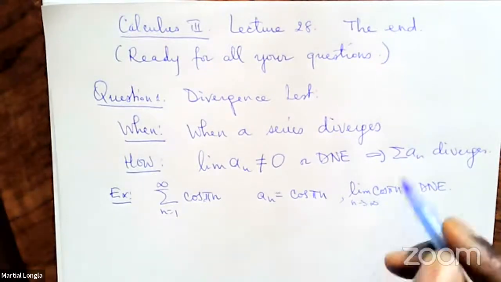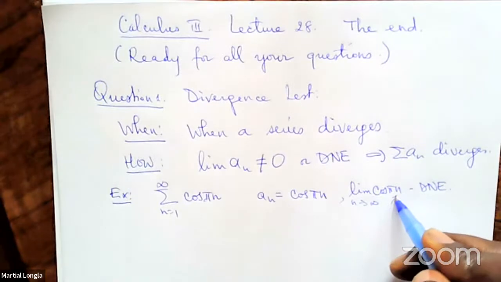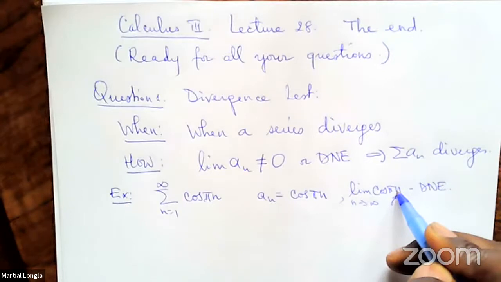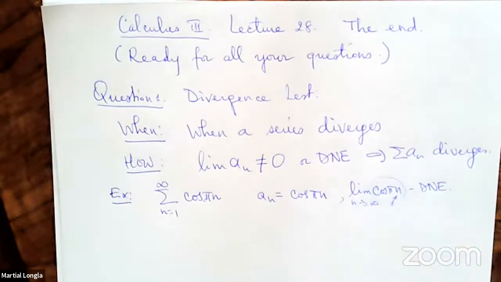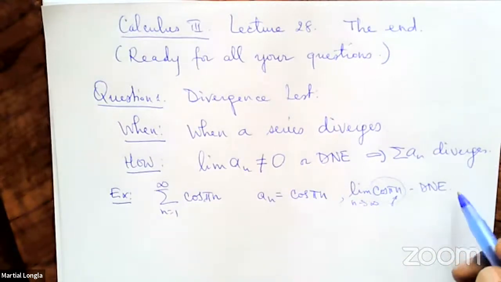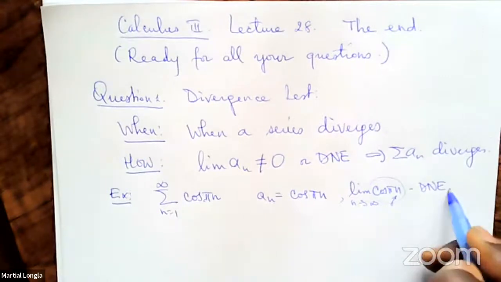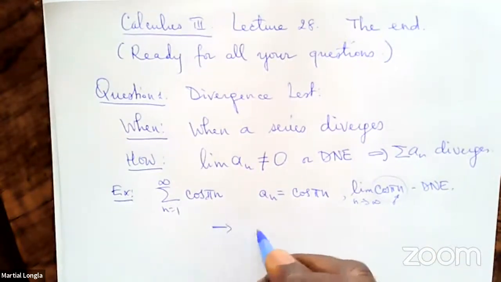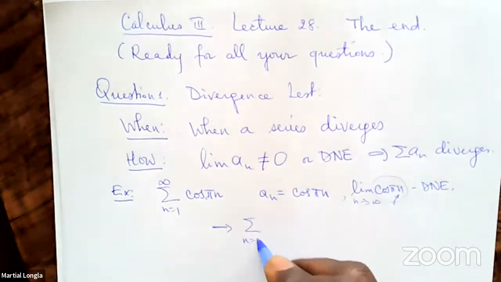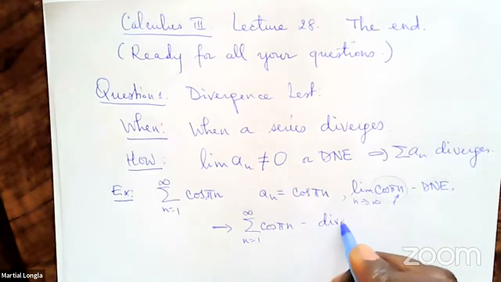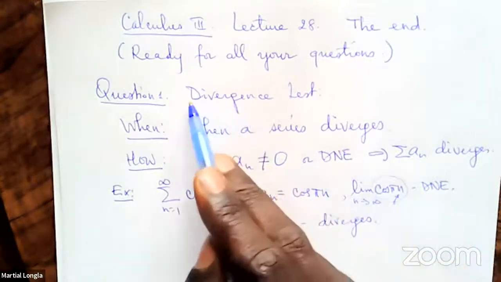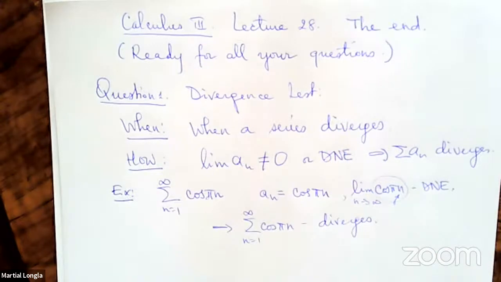Why? Because if you plug in an even number, you get 1. If you plug in an odd number, you get -1. So this function is either 1 or -1, and they repeat 1, -1, 1, -1. It's never going to give you a limit. So because that limit does not exist, we would say that the sum n from 1 to infinity of cosine pi n diverges. That is using the divergence test.